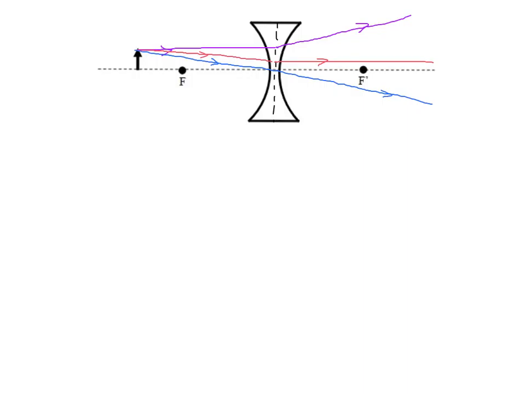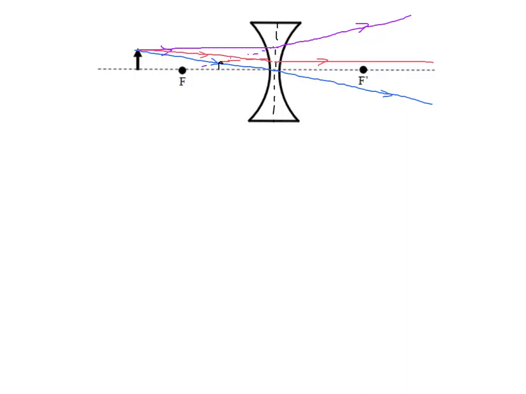So the P ray, which is the purple one, will trace the refracted part backward like that. The F ray, which is the red one, will trace that one backward to about right there. And then the blue one, that one just goes backward on itself. All three of those rays, if everything was drawn perfectly, you should see them cross about right here.